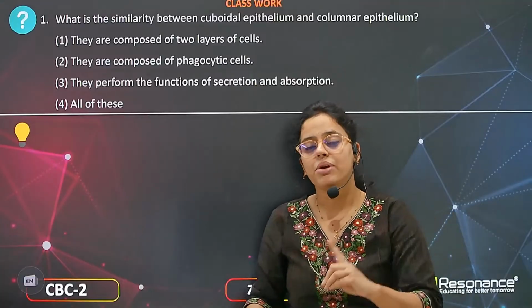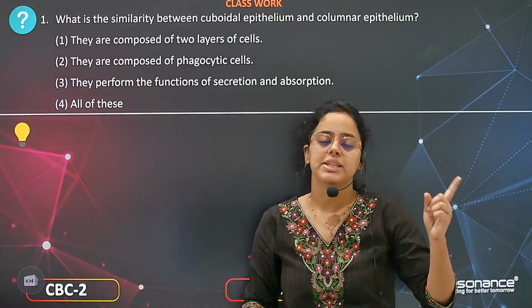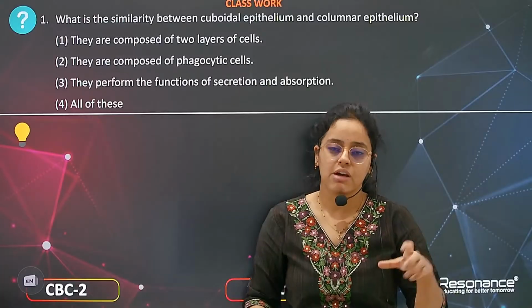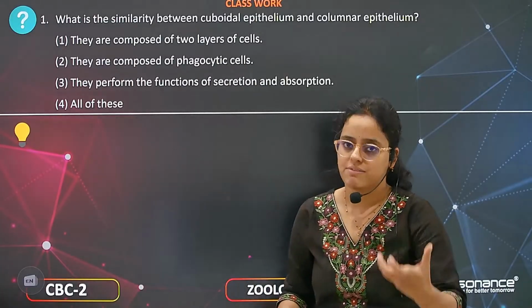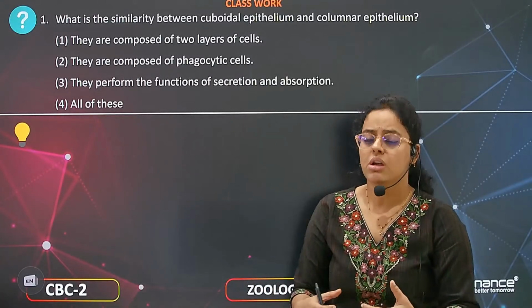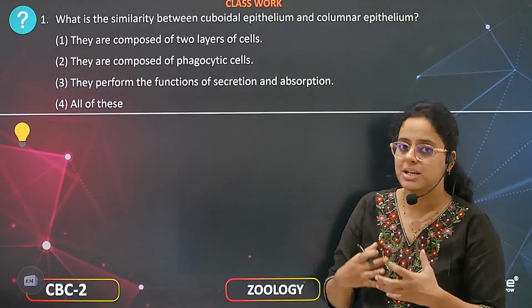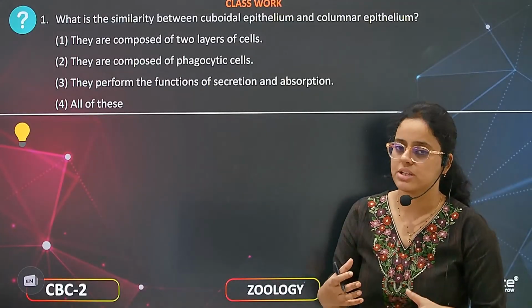What about compound epithelial tissue? Compound epithelial tissue protects from the external environment or internal environment also. They have multiple layers of cells, more than two layers of cells, that is compound.